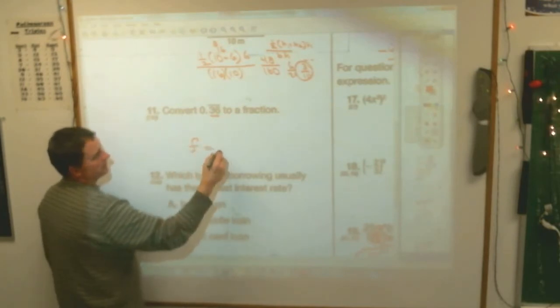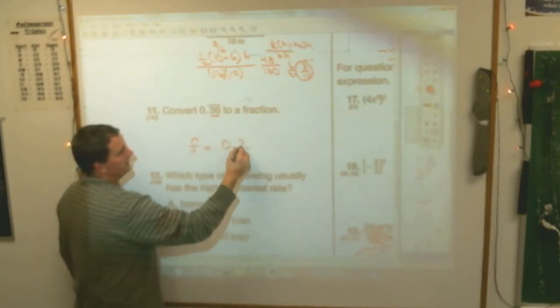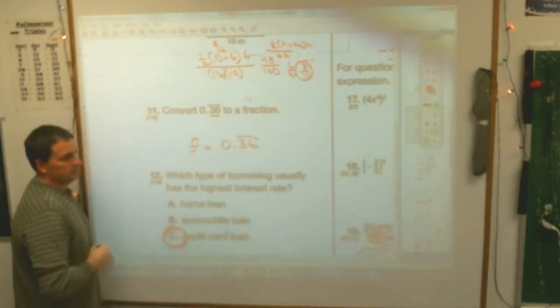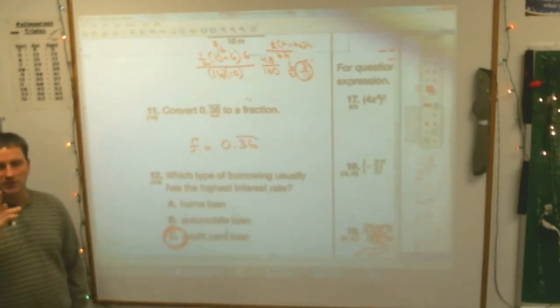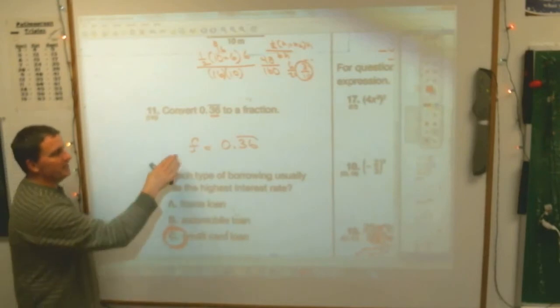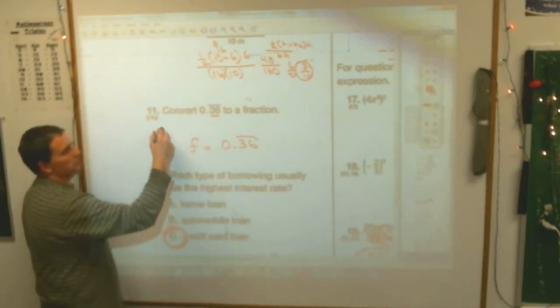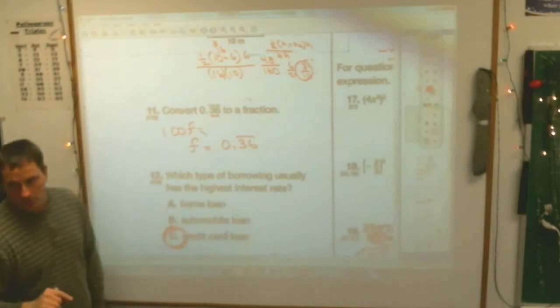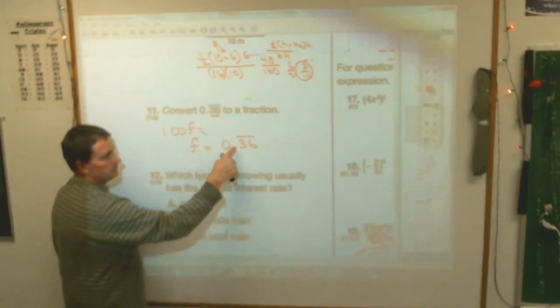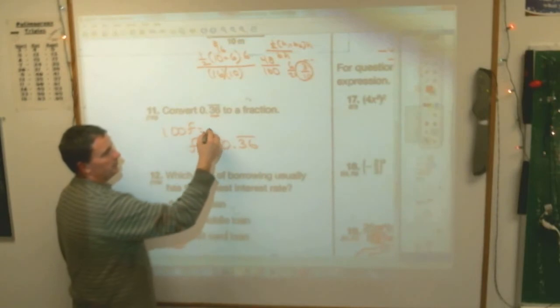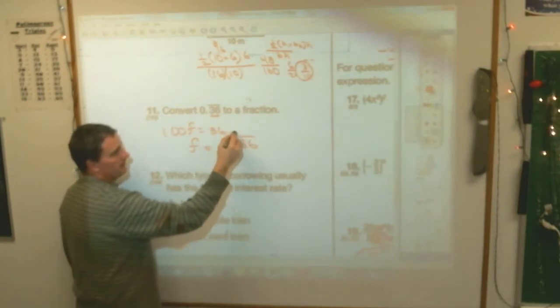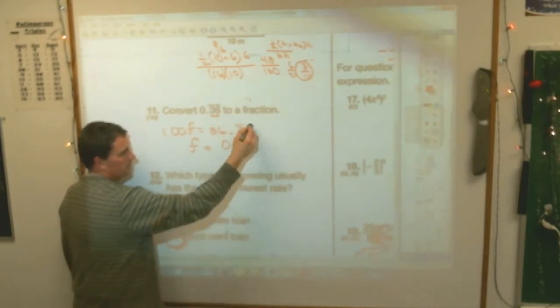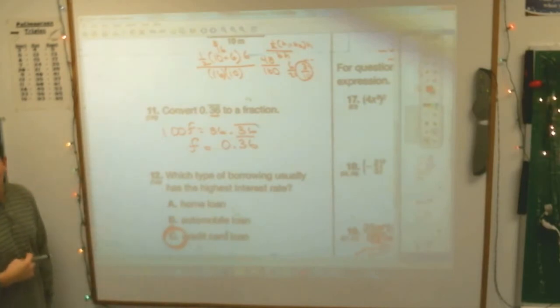F equals 0.36 repeater. Okay, because two digits repeat, you're going to multiply both sides of this by 100, which gives you 100F. Moving the decimal 2 places over, I end up with 36.36 repeater. Are you with me, Lex?